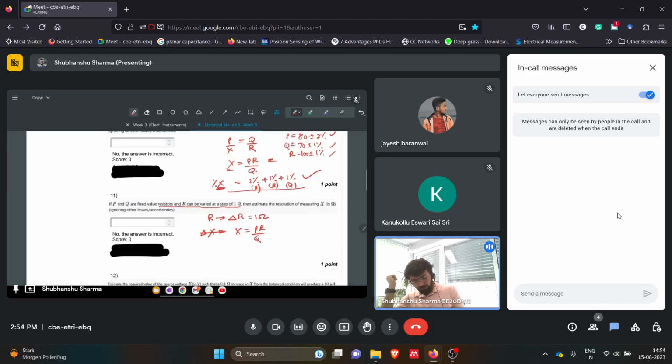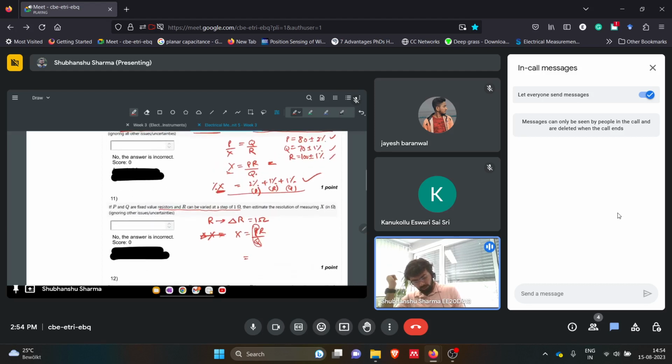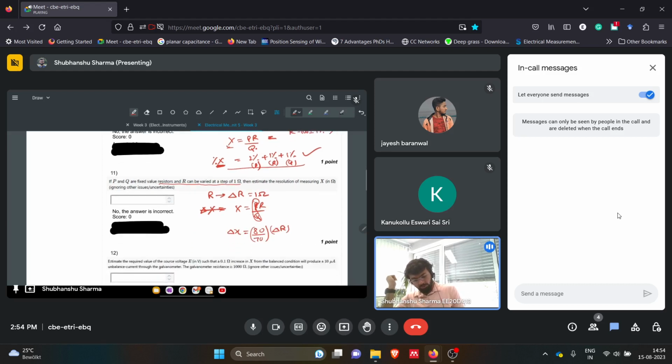If P and Q are fixed, these two quantities are fixed. Let's say the value is 80 by 70, so this is fixed. Now if we are changing X by delta X, this R will also be changing by some delta R. If you are changing delta R by some value, then by multiplying with this constant, X will change.